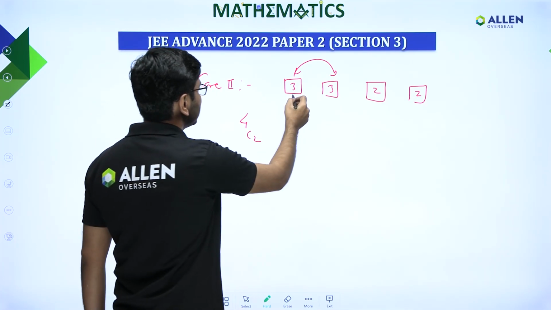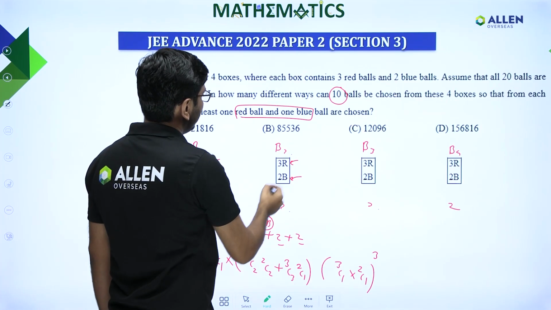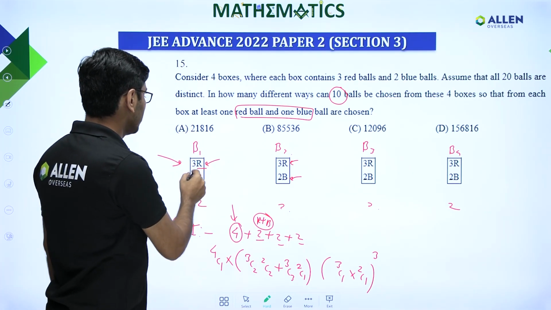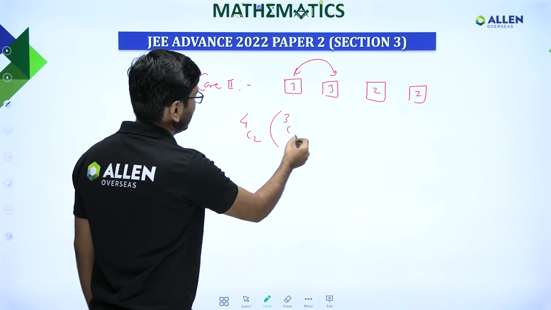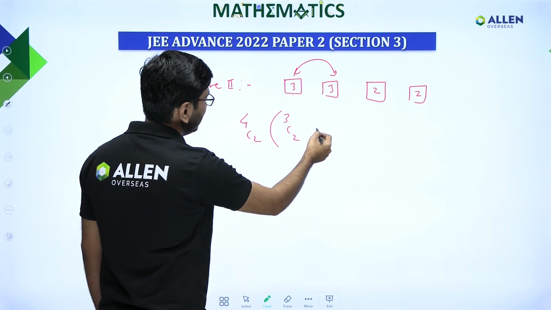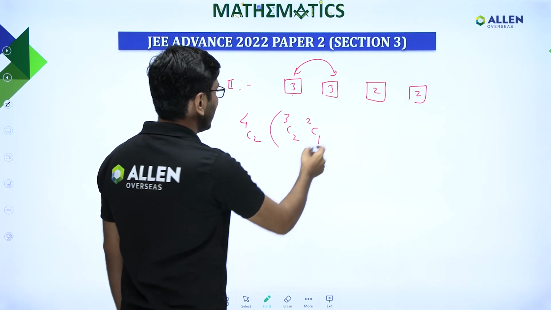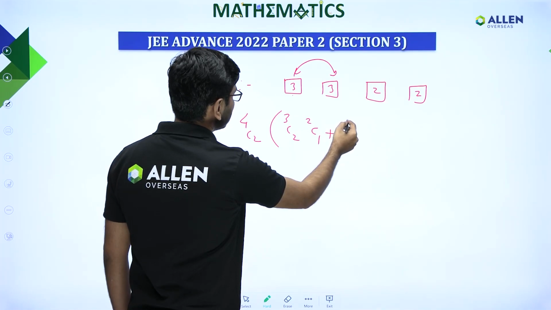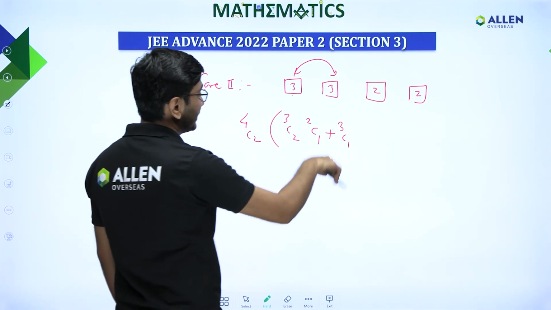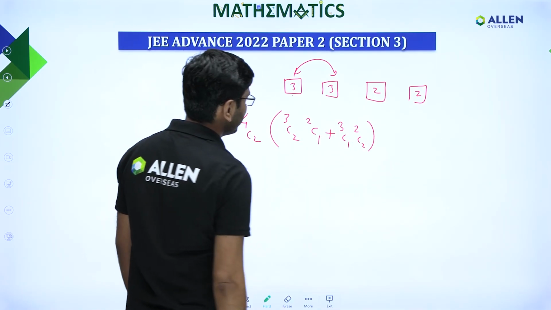Now, these 3 balls can be chosen this way, like we have here 3 red and 2 blue. So, we may choose 2 red from 3 red and 1 blue from 2 blue. This may be one case for choosing these 3 balls, or the other case is you may choose 1 red from the 3 red, but you choose all the 2 blue from the remaining 2 blue.